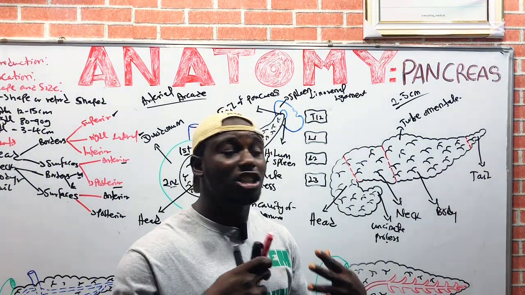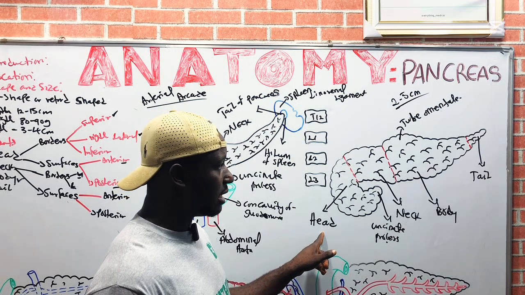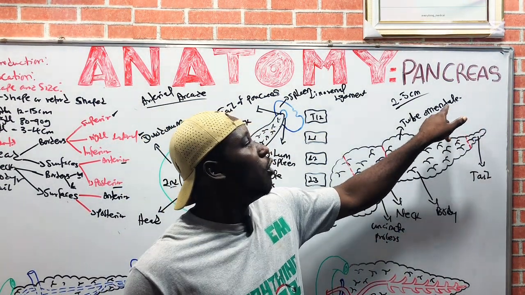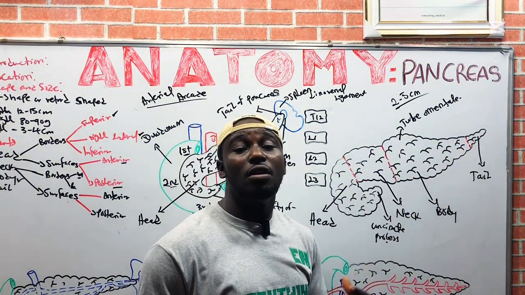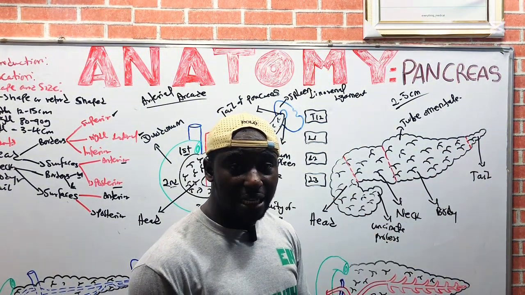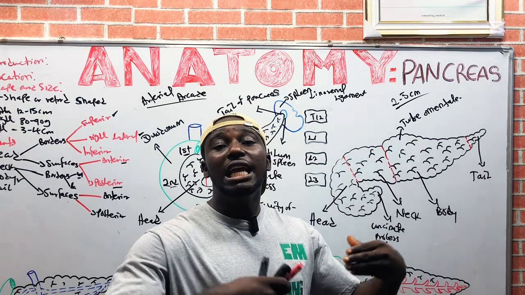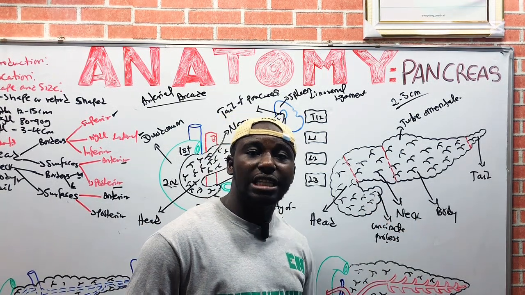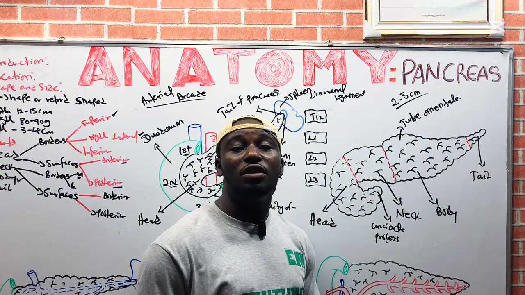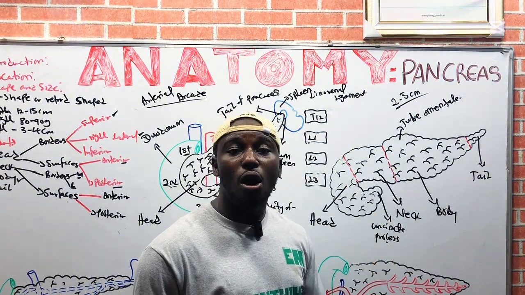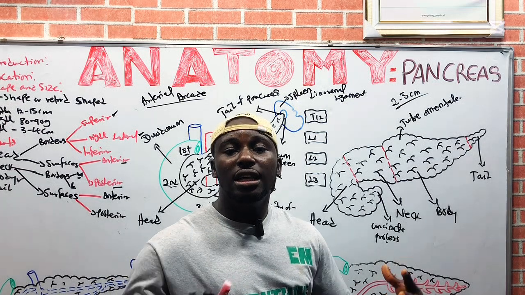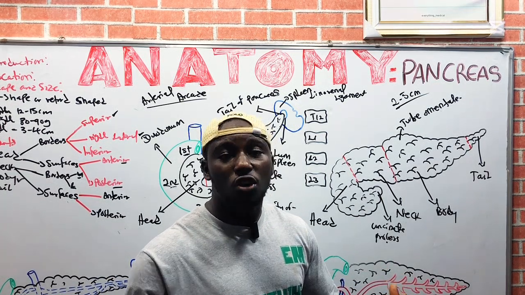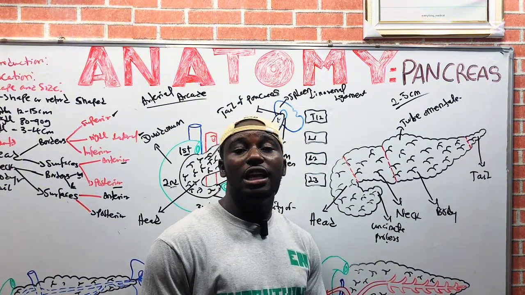The uncinate process is particularly for the head of the pancreas. The body has a process called the tuber omentale. The tuber omentale is the part of the body of the pancreas which projects above the lesser curvature of the stomach, towards the lesser omentum, which crosses the lesser sac of the peritoneum.